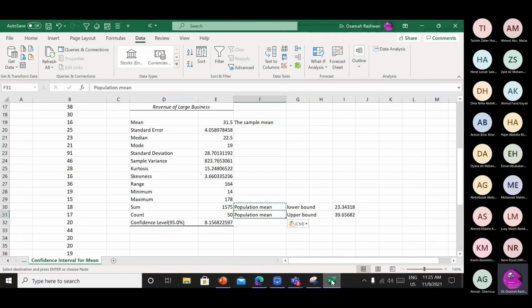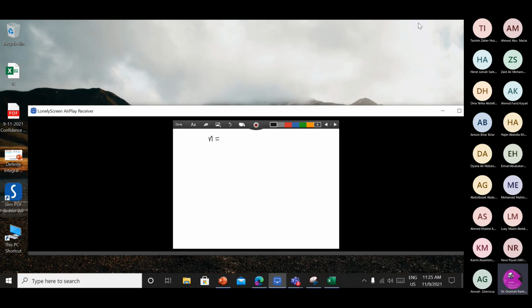How many items do you have? n is given to you. 50. So n is 50. Sigma is given? No, sigma is unknown, right? So I have to have x bar also.